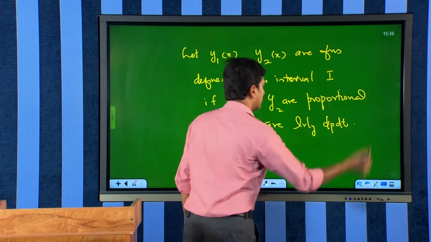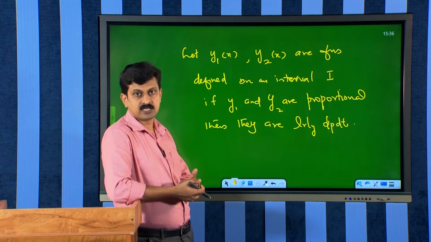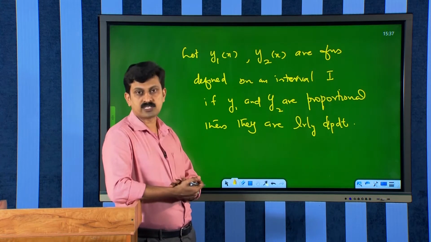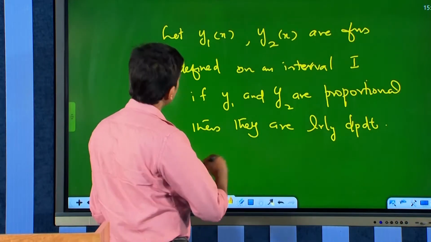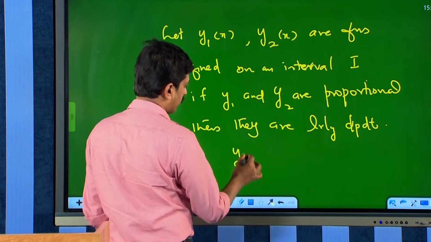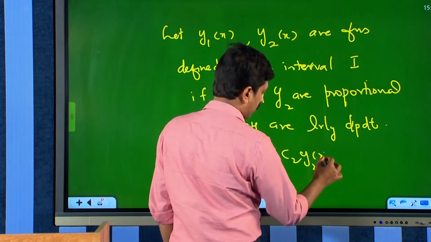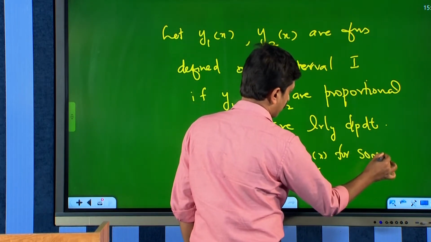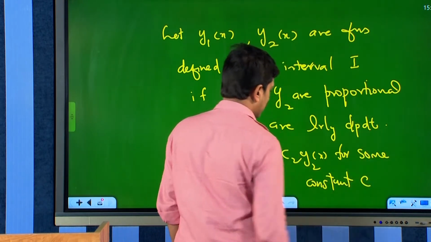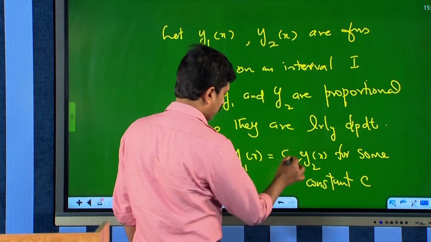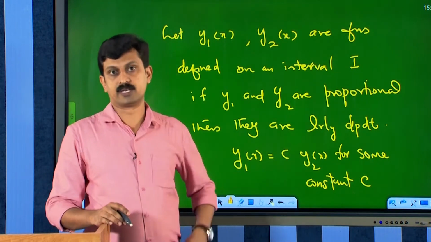My dear students, we say they are proportional if one is a constant multiple of the other. That is, if y1(x) = c y2(x) for some constant c, then we say that y1 and y2 are linearly dependent.